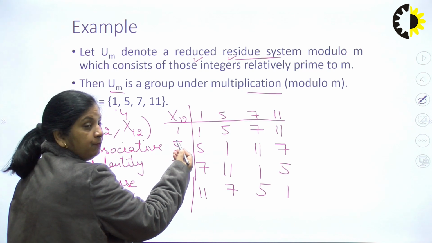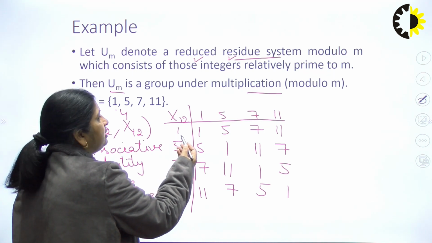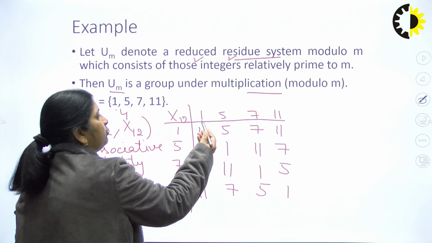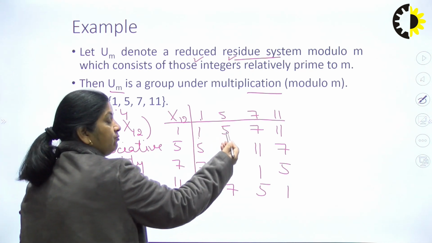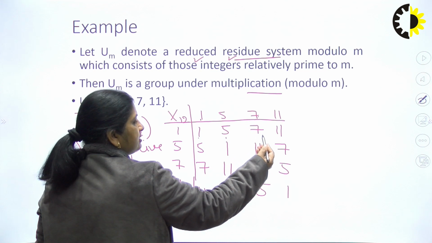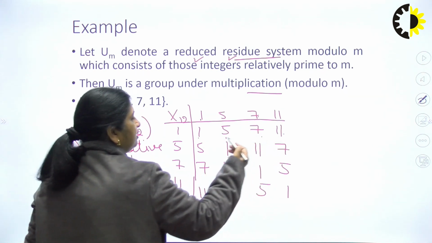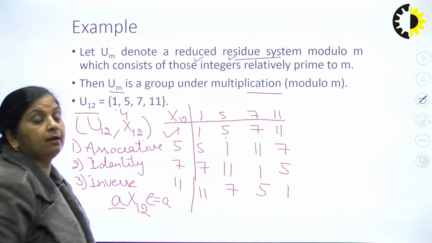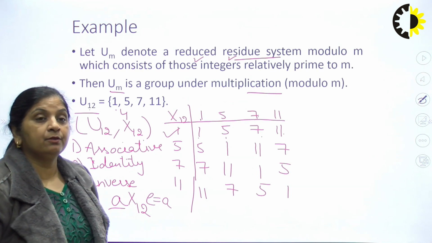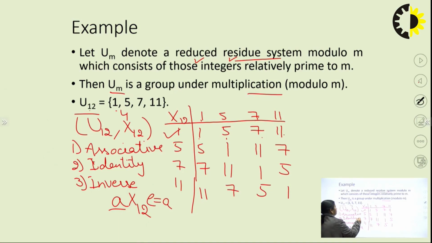If I take 1, its multiplication modulo 12 with 1 gives 1, with 5 gives 5, with 7 gives 7, with 11 gives 11. It means we have an identity element here: 1 is the identity. So the identity property holds for this algebraic structure.